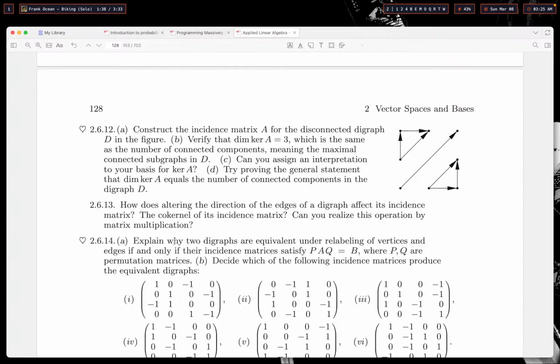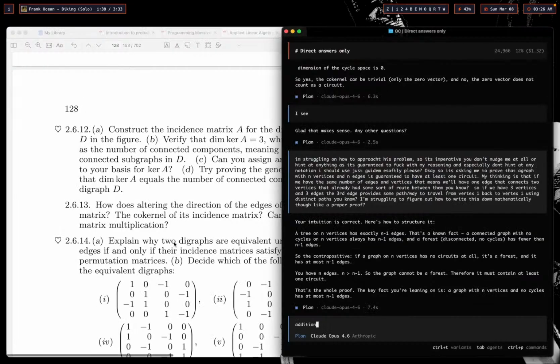So the kernel now represents all the circuits, right? So if we alter the direction of the edges, we potentially alter what circuits actually exist, right? Wait, is the co-kernel a subspace?